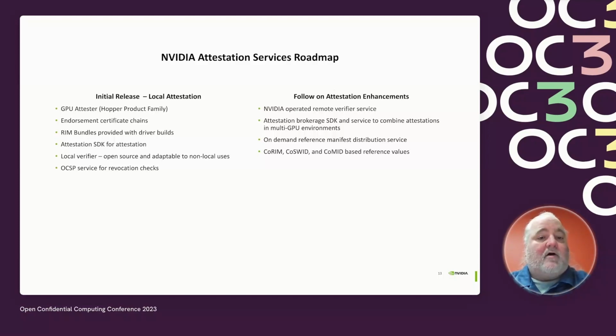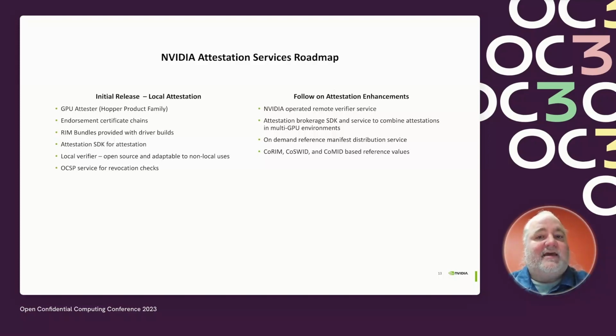The next thing we provide are RIM bundles, or what we call reference integrity manifest bundles. Those are provided with the driver builds during the launch process. Those RIM bundles are used by the verifier itself in order to do the verification and compare the verification to the evidence. We also provide an attestation SDK.